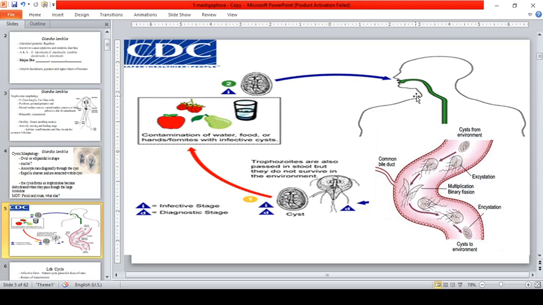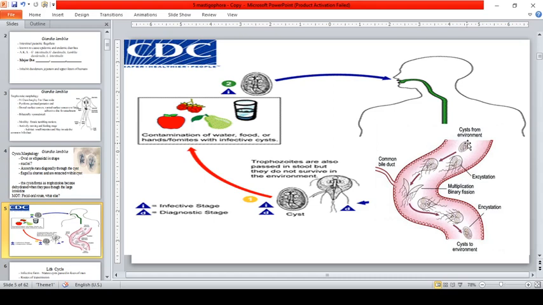It will excyst na, okay? Magiging past cyst na siya kasi magiging trophozoite na siya. Okay? When it reaches the small intestine, it will excyst. So, bakit hindi sa stomach, guys? Because it must protect itself from the acidic stomach.